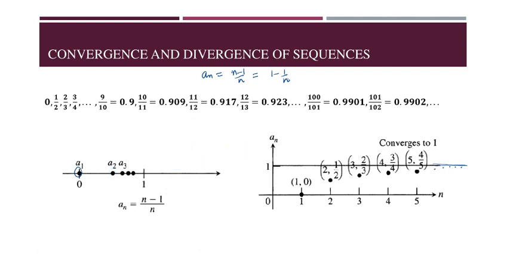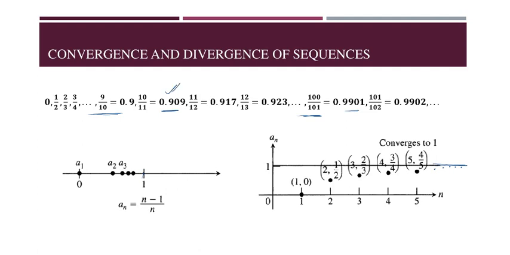So see this one. If I have moved till 10 terms, my next term is 0.909, which is close enough to 1. But if I have moved till 101 terms, my value is 0.9901. Means I am much closer to 1 than this one, right?